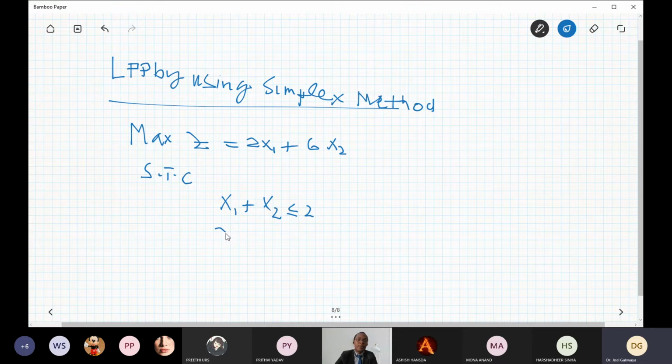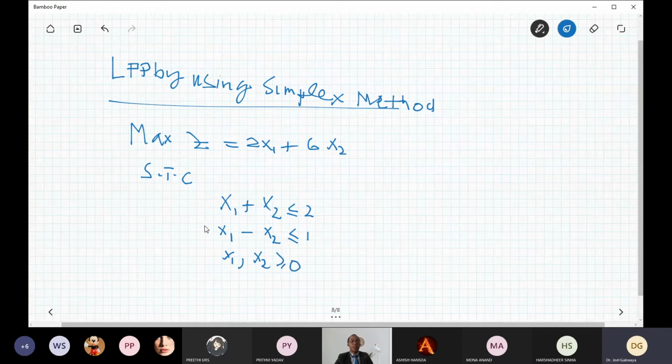Let me take only one, just to make you understand how it works. Let me say x2 is lesser than 1, and x1 minus x2, where x1, x2 should be greater than or equal to 0.